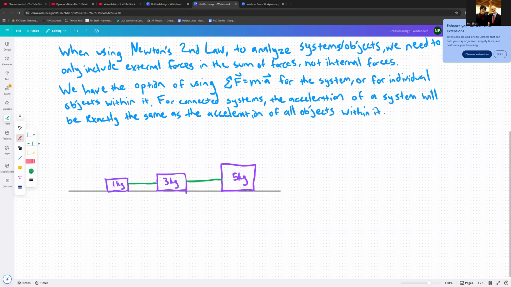Okay, so we've got some ropes connecting them, and what we're going to do is start looking at forces that are acting, and we'll think about how we would solve for, and we'll establish what we're going to find. What we're going to do is find the acceleration for all objects and the tension in both ropes.